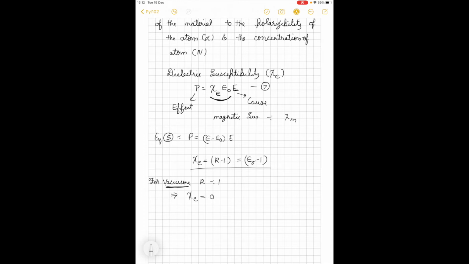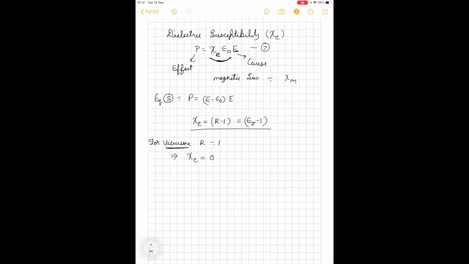Let me tell you what dielectric susceptibility physically describes. It describes how much susceptible or polarizable a material is. So if there is no material, there is no dielectric susceptibility.